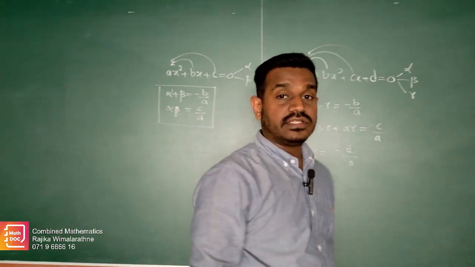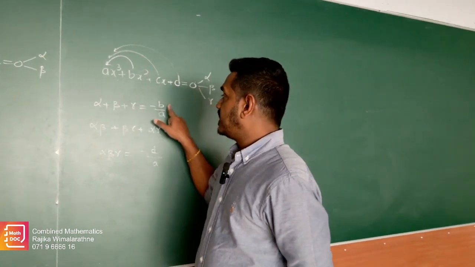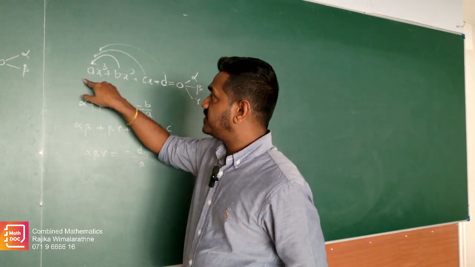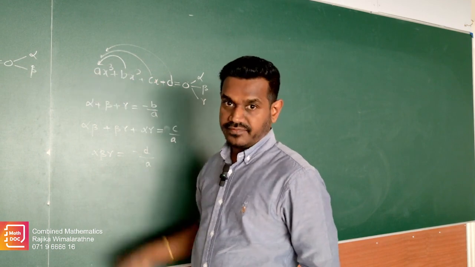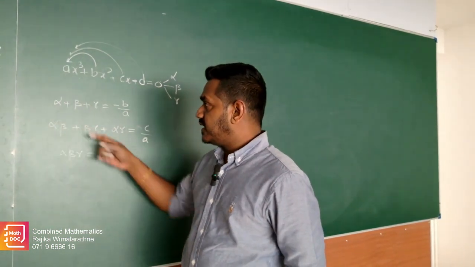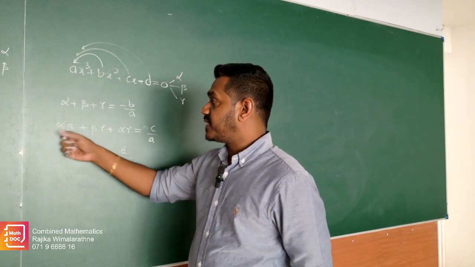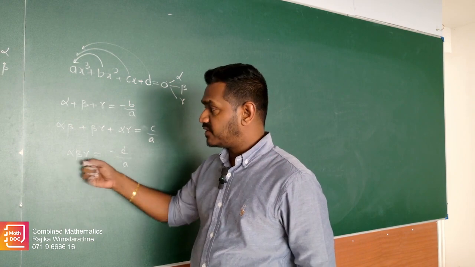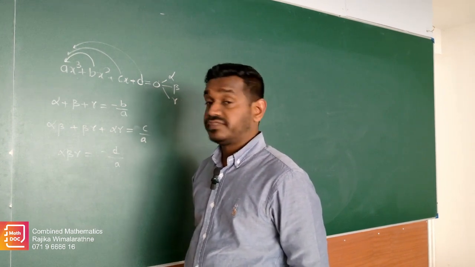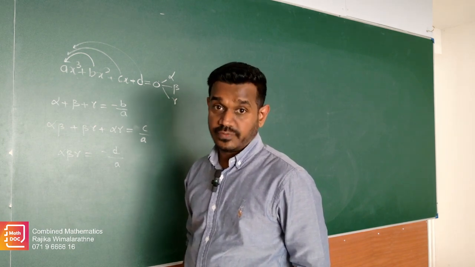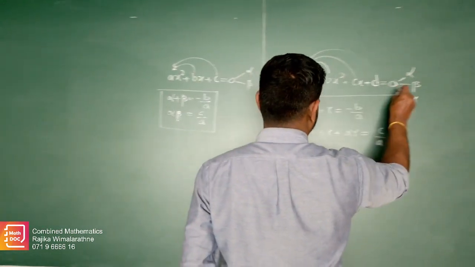So for all three: the root sum is minus b over a, then c over a, then minus d over a. That is the relation between roots and coefficients of a cubic equation: the sum of the roots, the sum of the products of two roots, and the product of three roots.